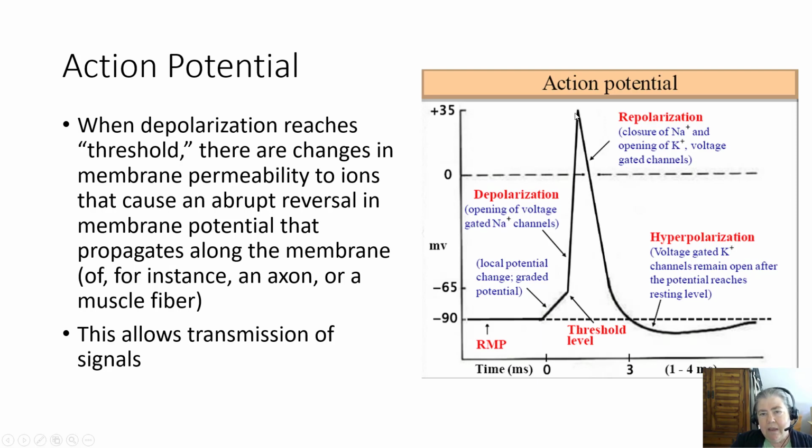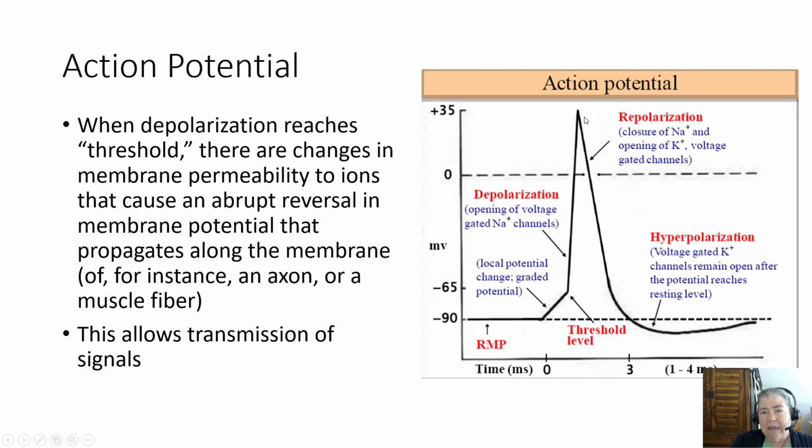A little bit of overshoot. When the sodium channels close, you get potassium channels that are also voltage gated that open. You also have the continuous action of the sodium potassium ATPase.